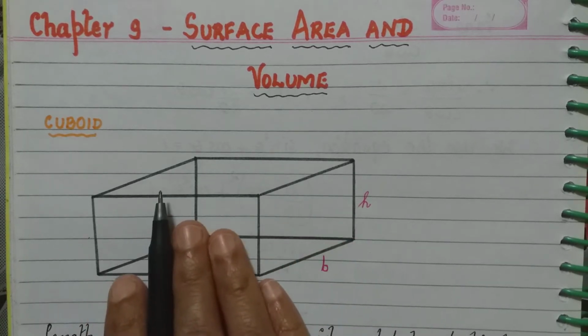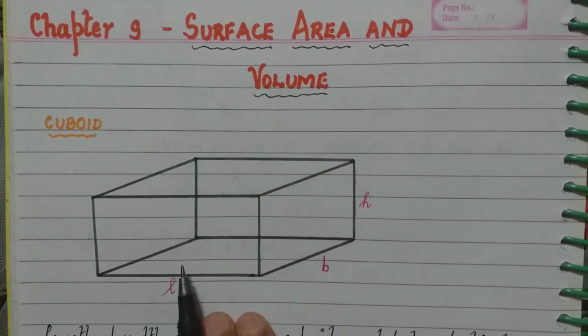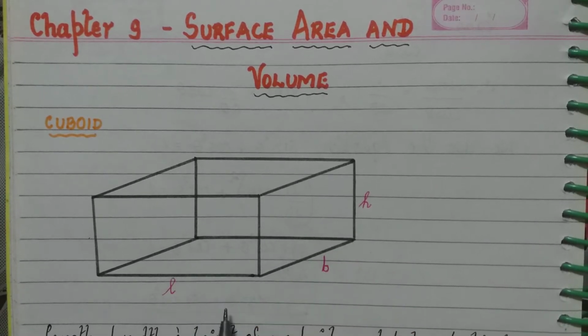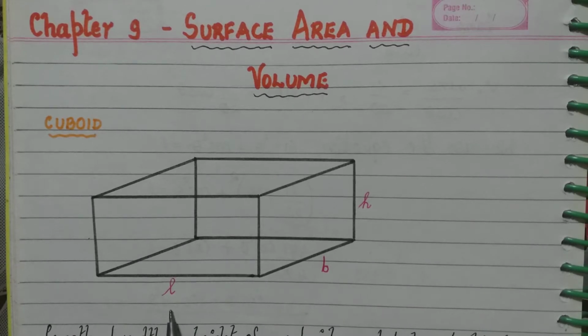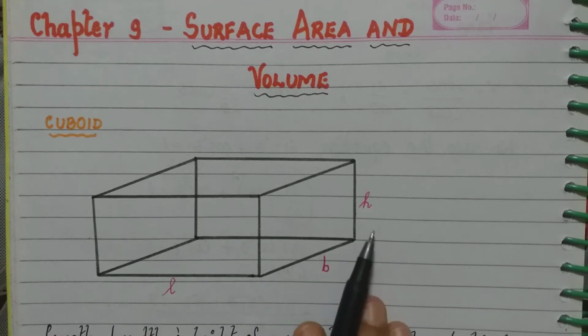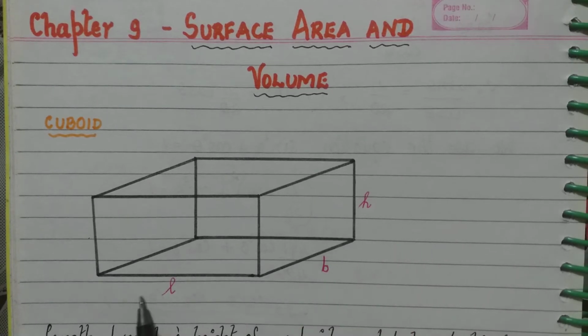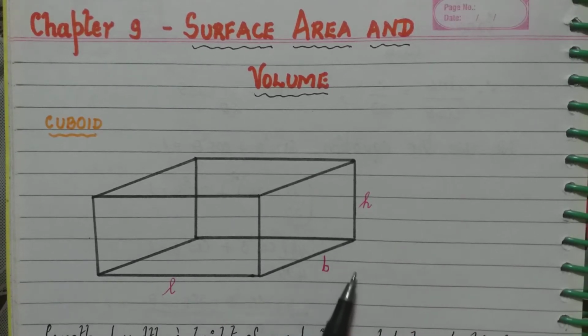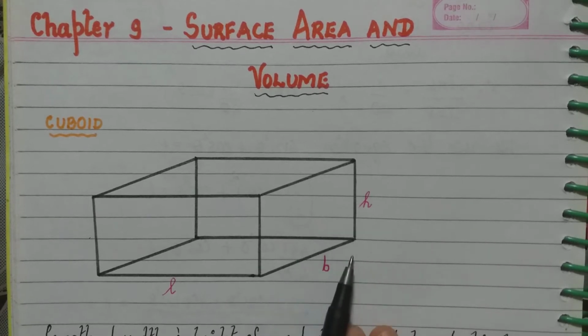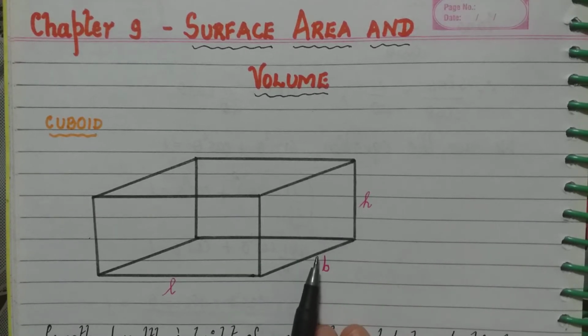We take cuboid first. Now you see here the figure of a cuboid. The cuboid is drawn and you see at the sides of it, L, B and H written. Clearly L represents the length, B represents the breadth and H represents the height.